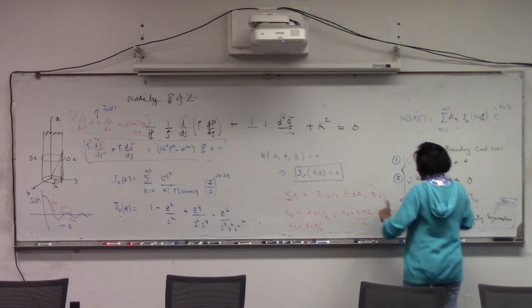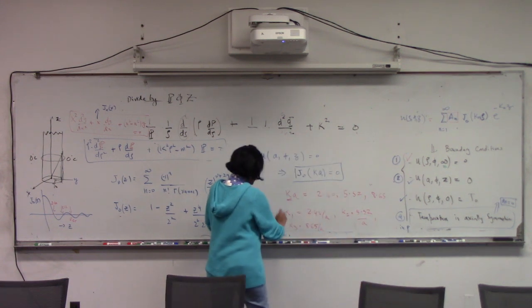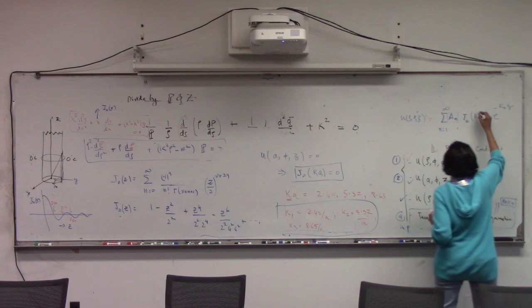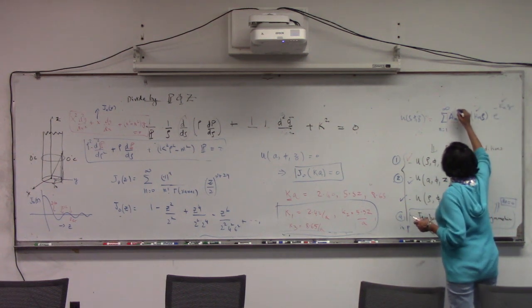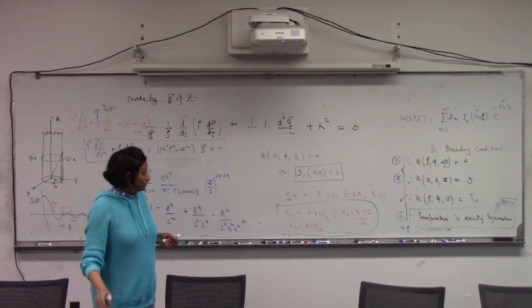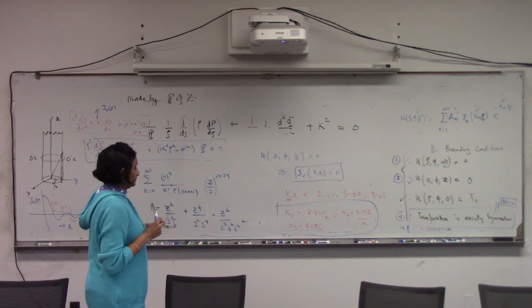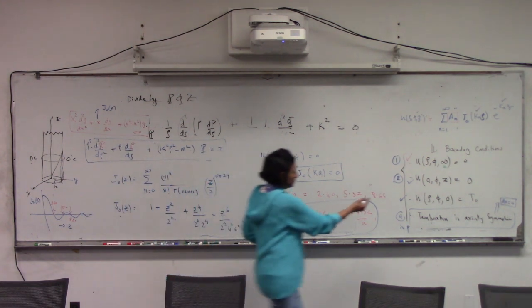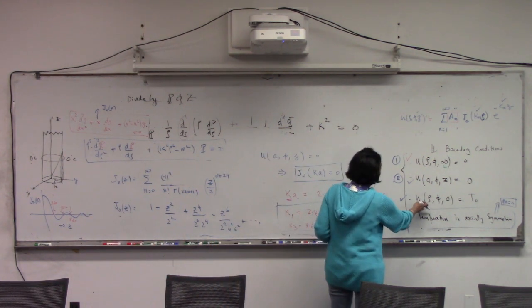And I know what the Kns are. Kns are precisely this. I know exactly what it is, but we need to now calculate An. So at Z equal to 0, the temperature at the bottom of the cylinder is T0.